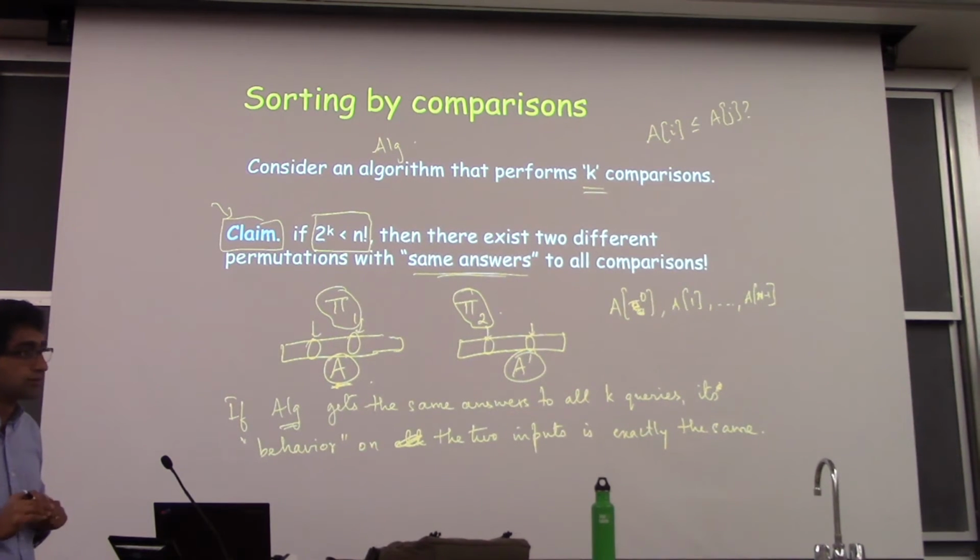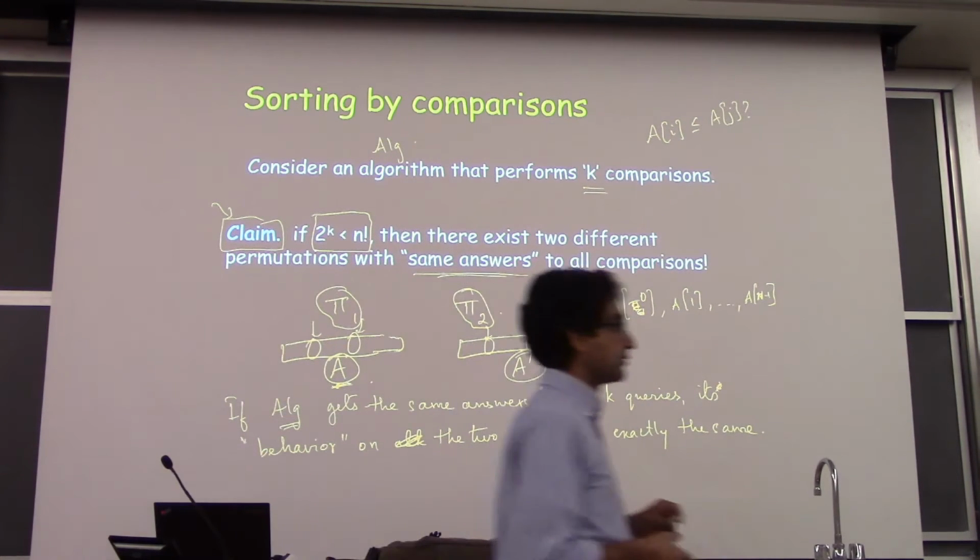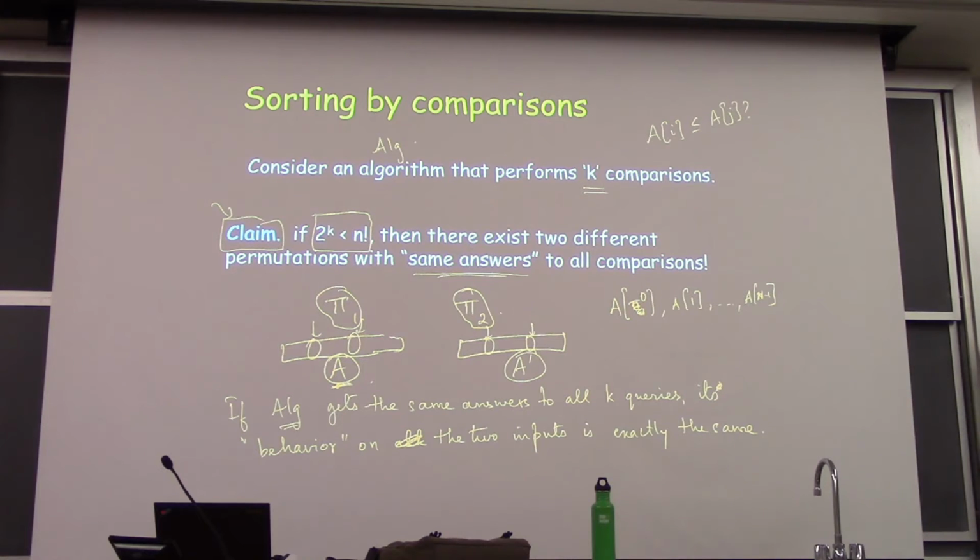The output is a sorted array, so if the algorithm is correct, then both the outputs have to be the same. So this automatically implies that if 2 to the k is less than n factorial, then the algorithm is necessarily wrong. For one of them, you get an unsorted array as the output.